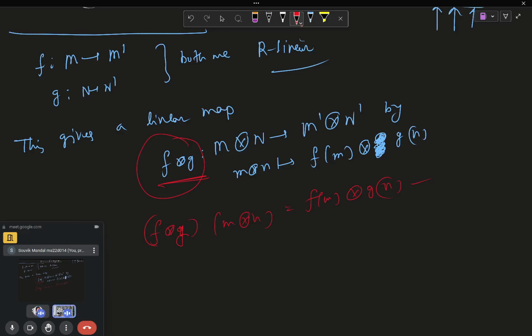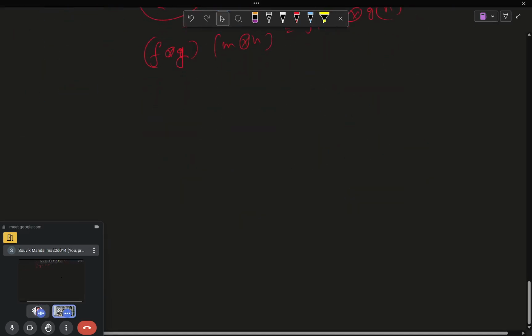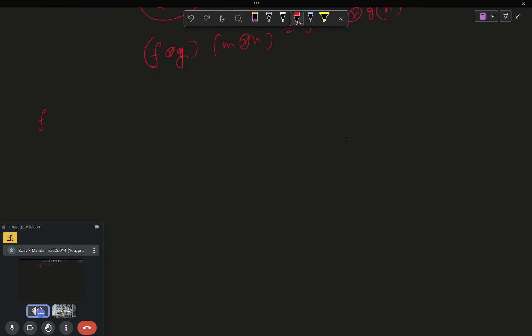And moreover, there is one more thing. Suppose F prime is a map from M prime to M double prime, and G prime is a map from N prime to N double prime, and at the start we have F from M to M prime and G from N to N prime.